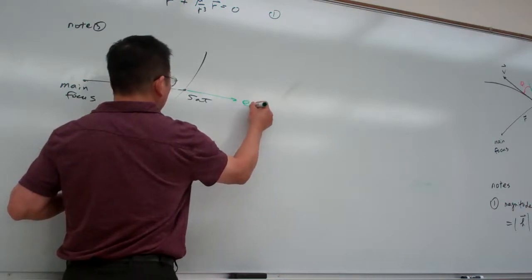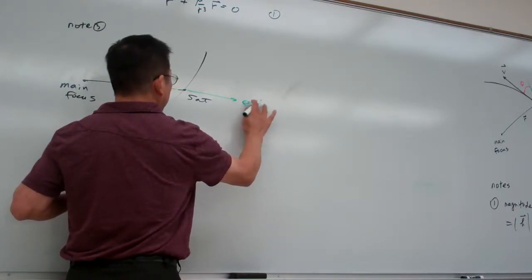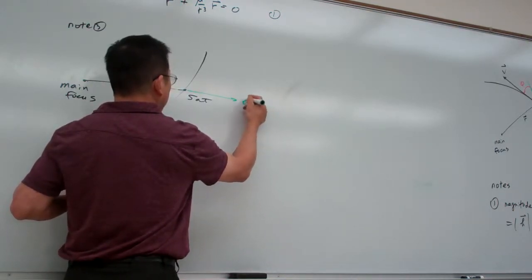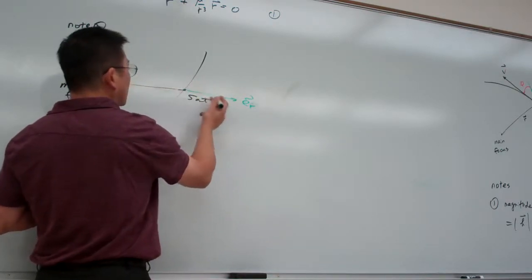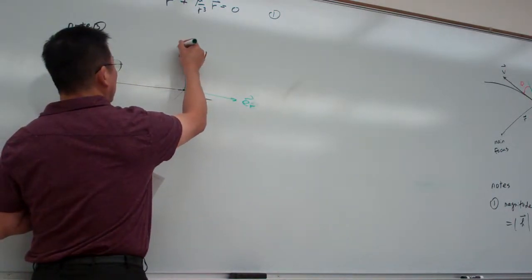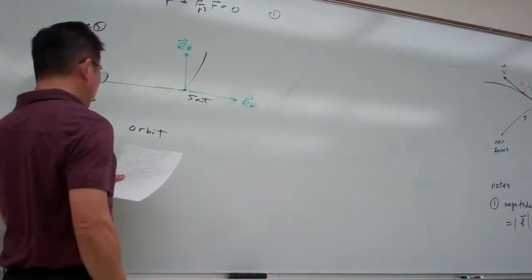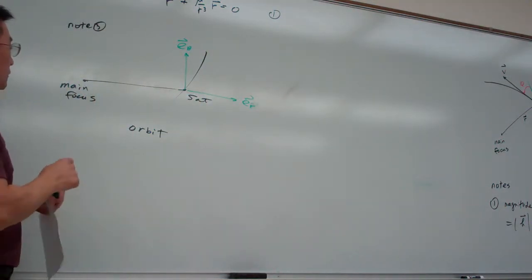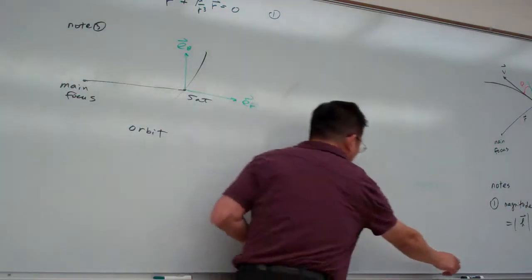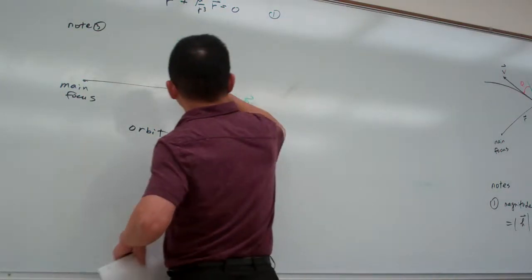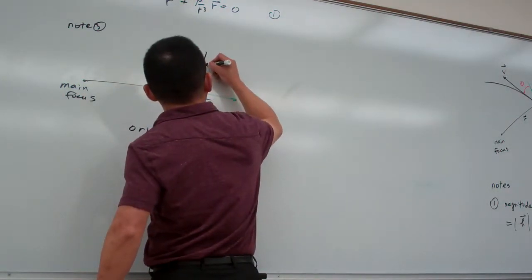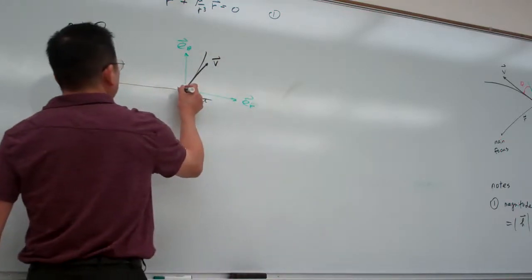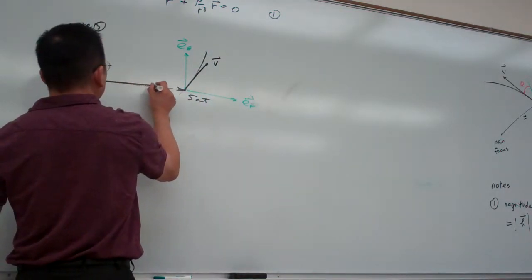So this is e_r, the radial direction, and then perpendicular to the radial direction, this is e_theta, and this is our velocity V here, and this is our vector r.